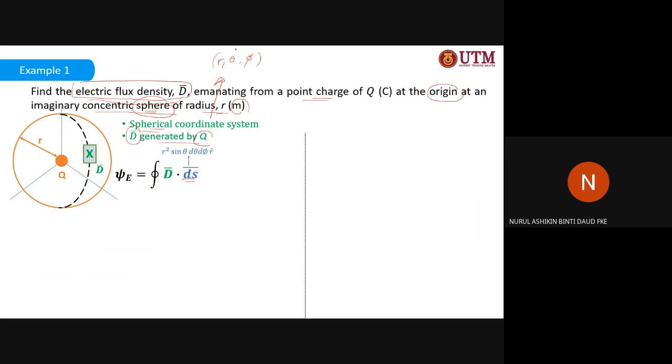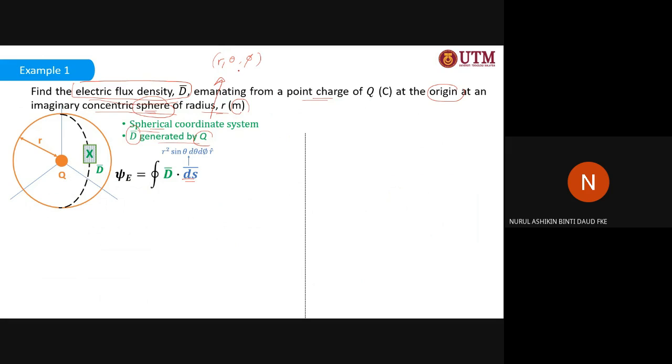Since it is a closed surface, we will deal with the surface formula for the spherical coordinate system. There are three directions for the surface formula: r direction, theta direction, and phi direction. I hope you can recall this.